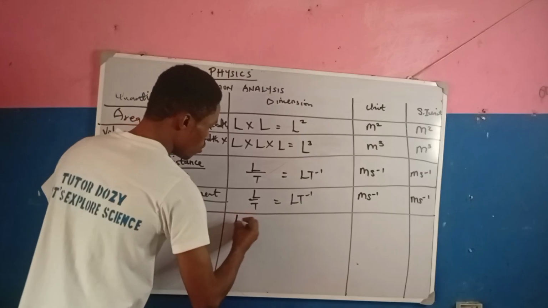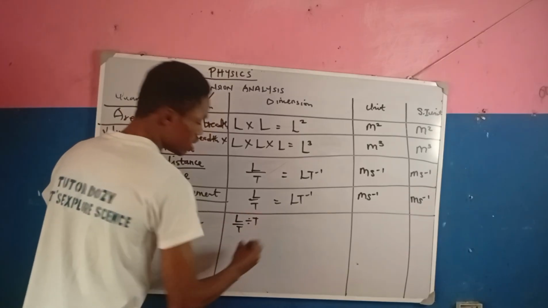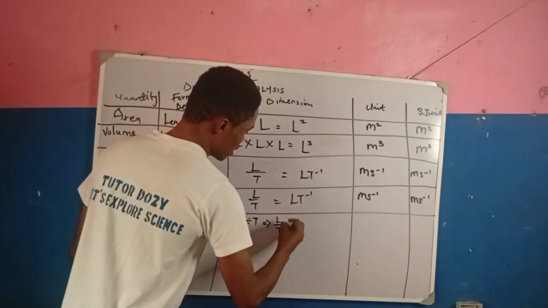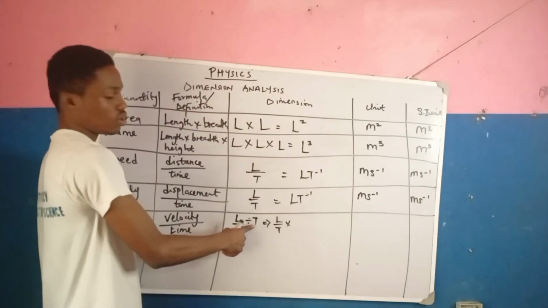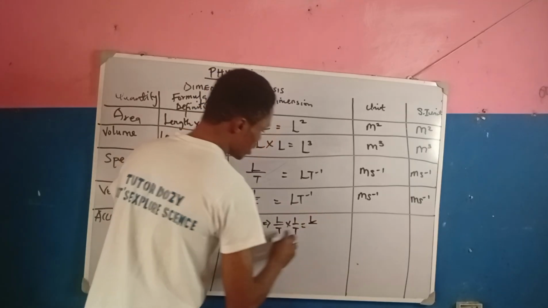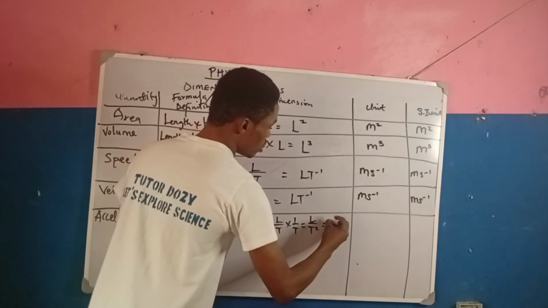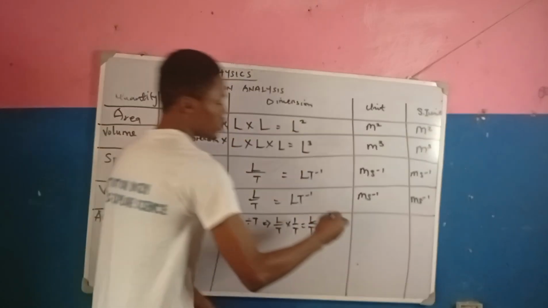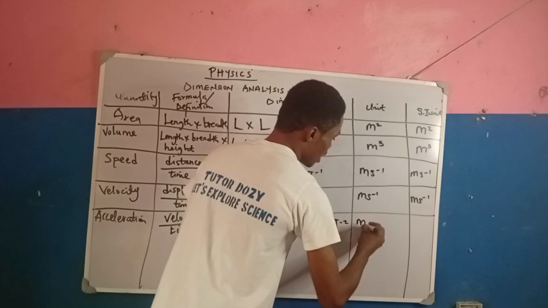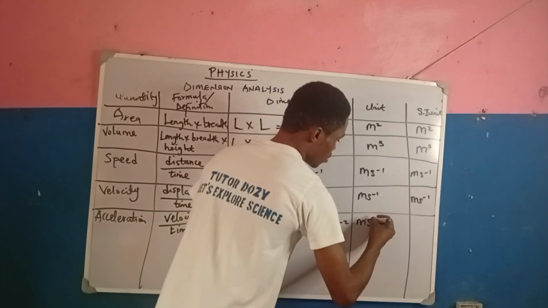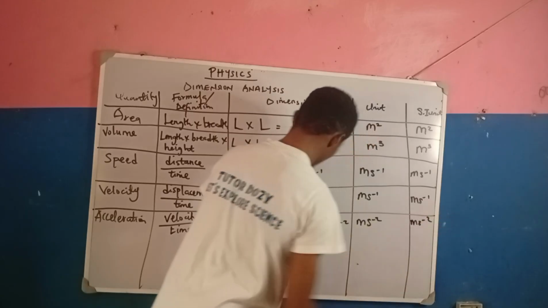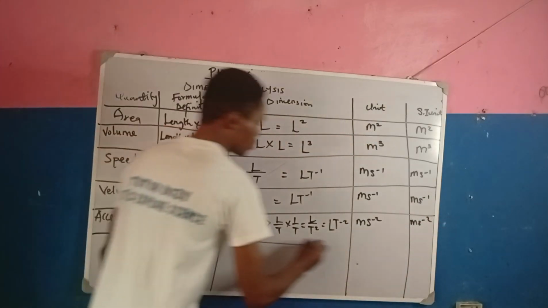So we have L over T divided by T, and this equals L over T times, turning it upside down, 1 over T, which is L over T squared. Once the T comes up, it becomes T minus 2. So we have L for meter and T for seconds raised to power minus 2. This is the SI unit for acceleration.